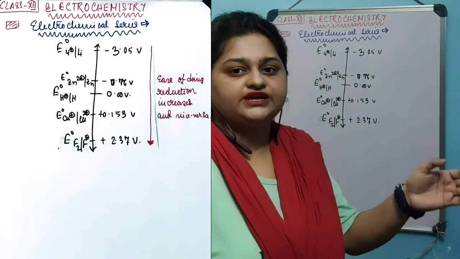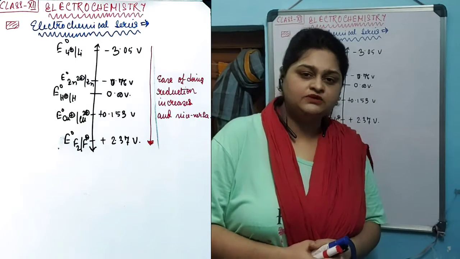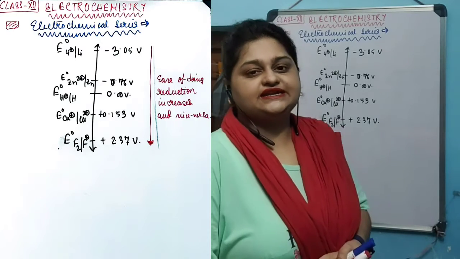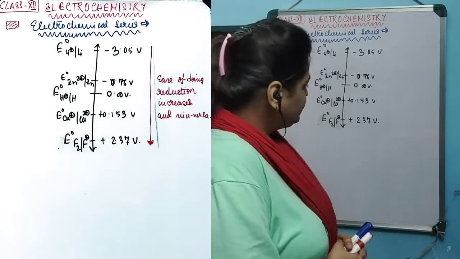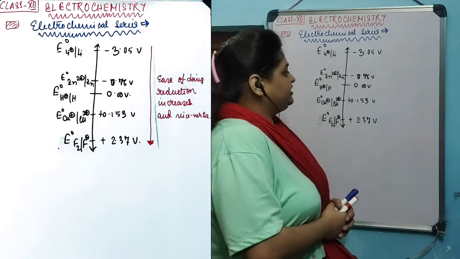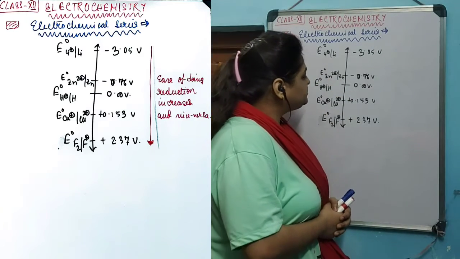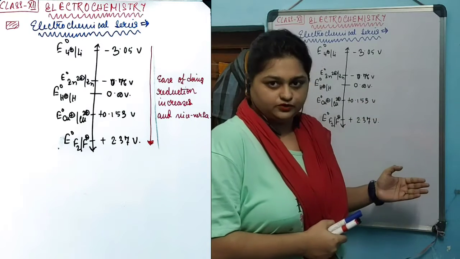When H plus gets reduced to hydrogen, the electrode potential value of that electrode is taken as 0 volt. All the values below the 0 standard volt are represented by positive values.